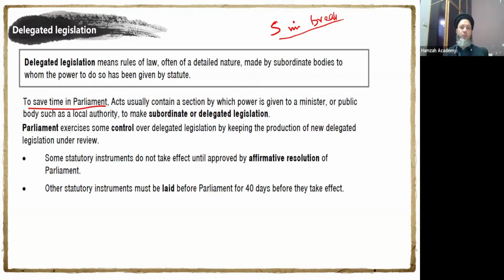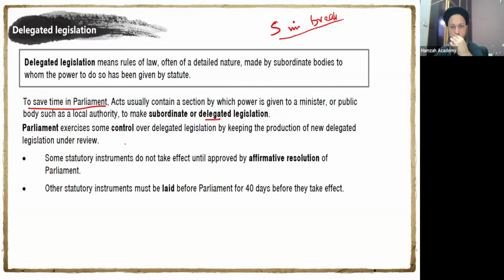Rather, it will be mostly focusing on many different areas, and in a way its time will be wasted. So these powers are actually given to the local ministers, public bodies, local authorities. It is also known as subordinate or delegated legislation.